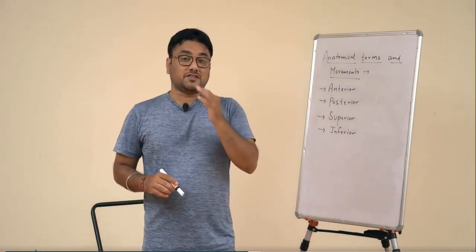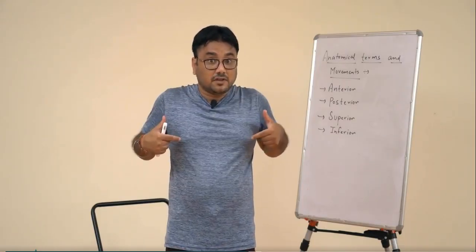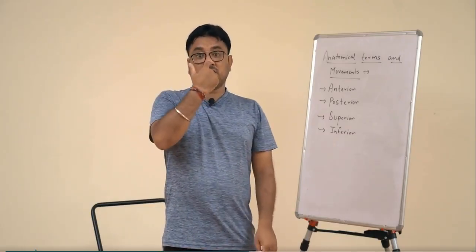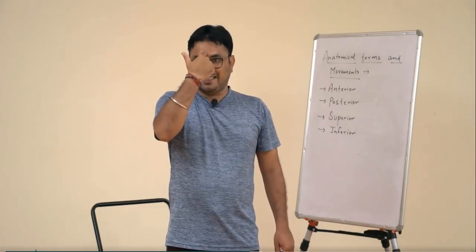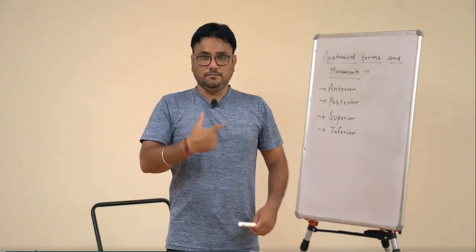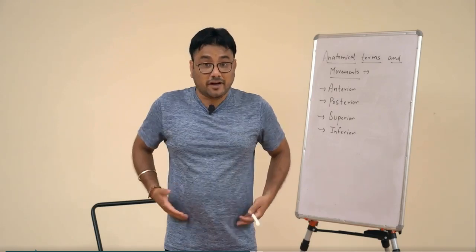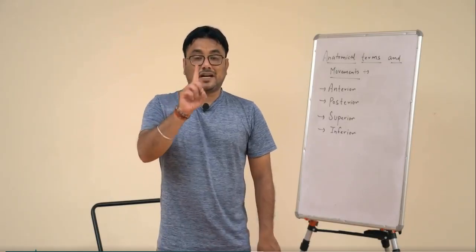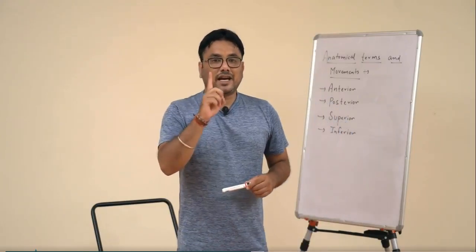Anterior, the structure we look at from the front of the body. Like, for example, we have a nose, this is anterior. Forehead, anterior. Lips, anterior. My belly, anterior. My groin region, anterior. My kneecap, anterior. The structure that we look at from the front, that is anterior.